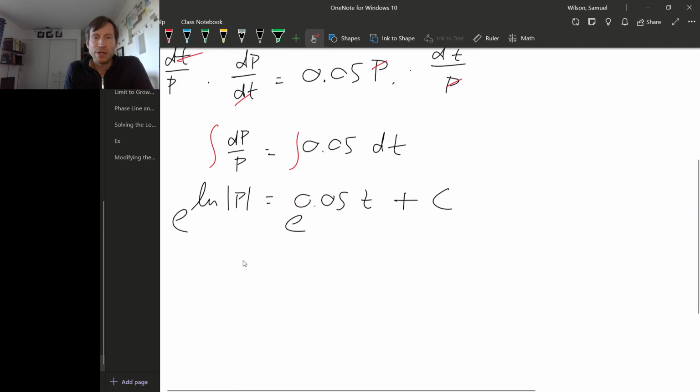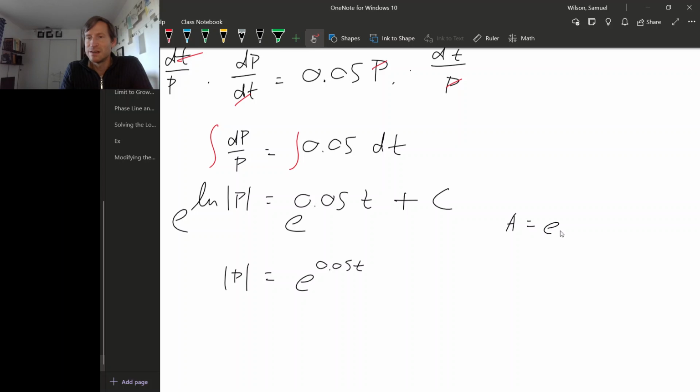So we get the absolute value of P is equal to e to the 0.05t times e to the c, but I'm going to call e to the c A. And A has to be positive because it's e to the c. But when we remove the absolute values from the left-hand side, that essentially gives us a plus or minus on the right-hand side. We can absorb that plus or minus into A by removing the requirement that A be positive. So then we get P is A e to the 0.05t.